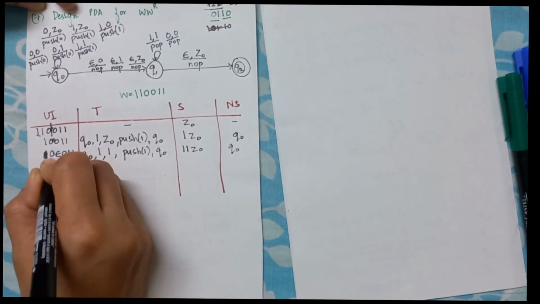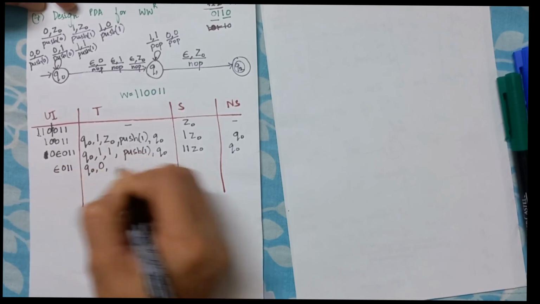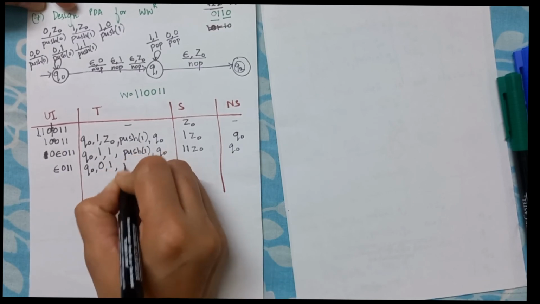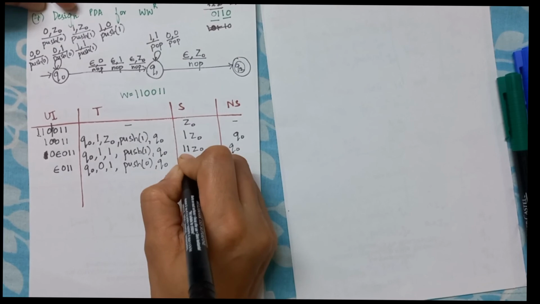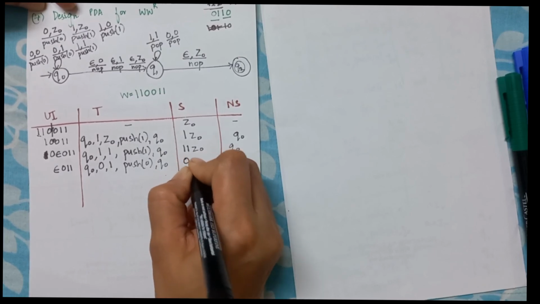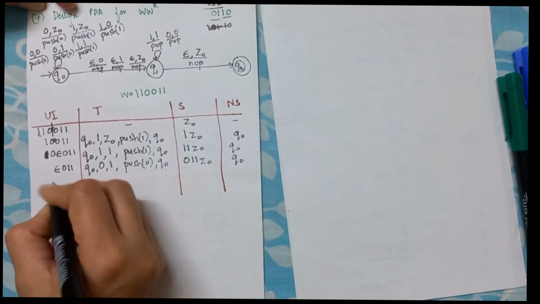Now I am reading 0. Q0 with 0 with 1 as the stack top, I push a 0. So I will get 0 1 1 Z0. Now with epsilon I move to the next state.